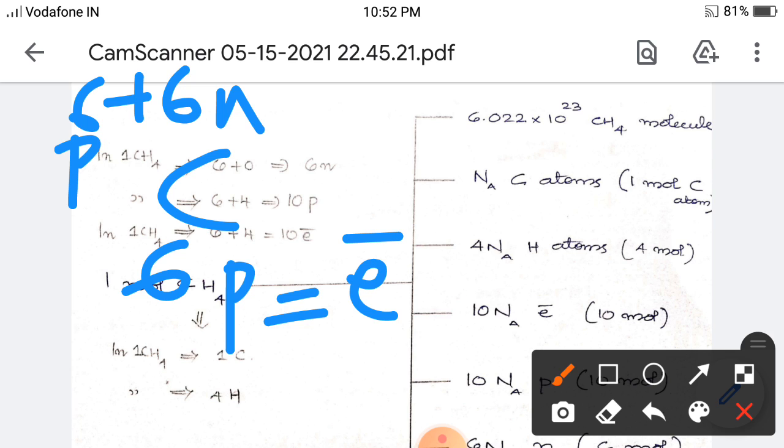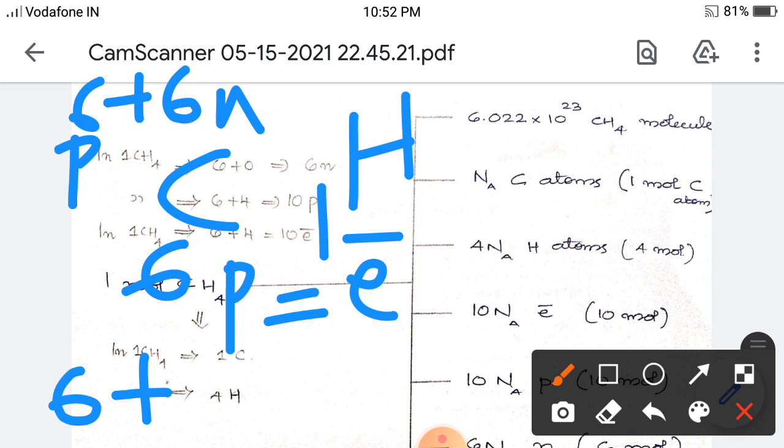Hydrogen has atomic number 1 and mass number 1, and mass number means protons plus neutrons. Neutron is 0, but proton is 1.